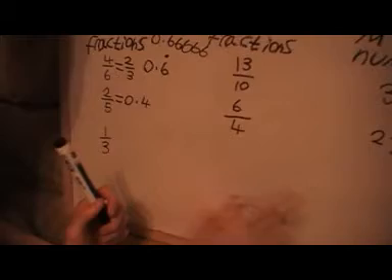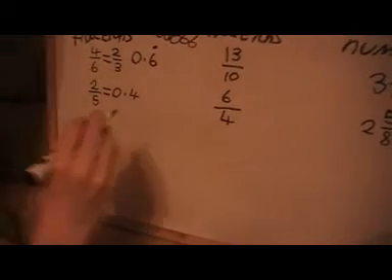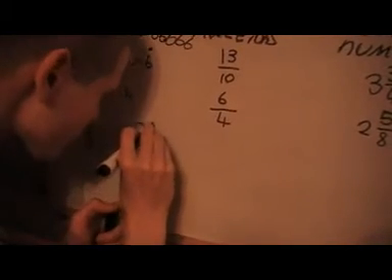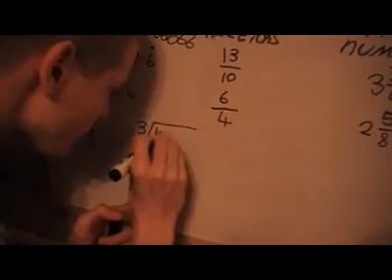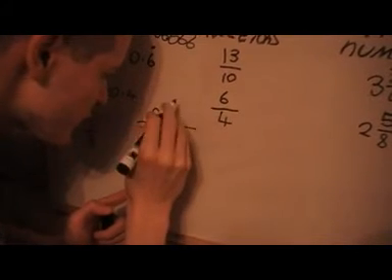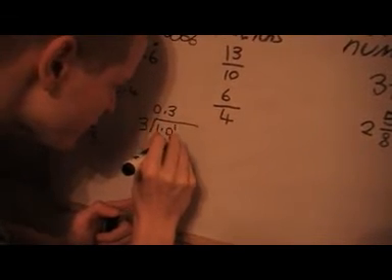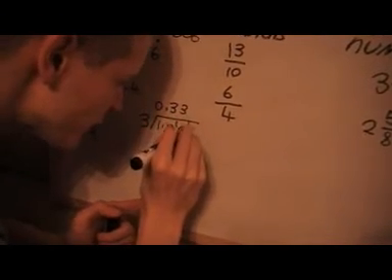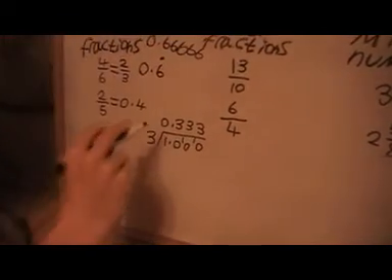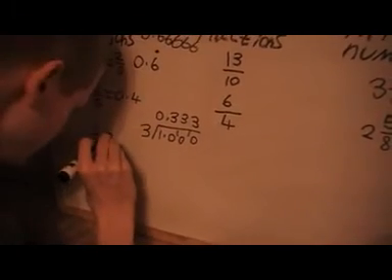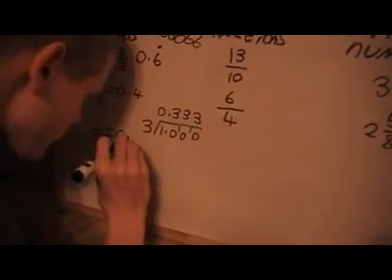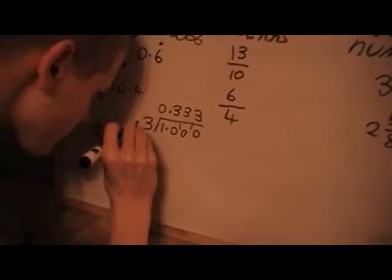And then the last one is going to be 3 into 1, which doesn't go, that's 0. So that's 3 into 10, that's 3. 3 into 10, that's 3. 3 into 10, that's 3. And you can see that that's just going to keep going on. So this one's going to be 0.3 recurring.